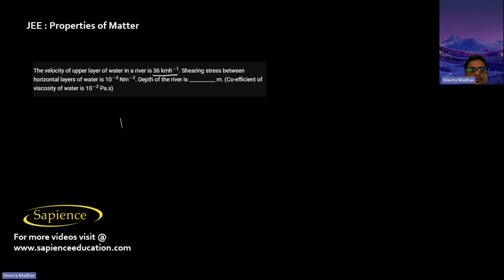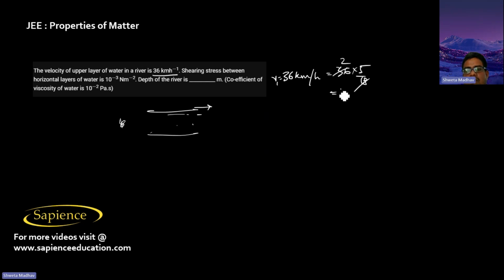Here the velocity of the upper layer of water is 36 kilometers per hour, which means V1, I can say. So that is 36 into 5 by 18, 10 meter per second. So the velocity of the upper layer is 10 meter per second.